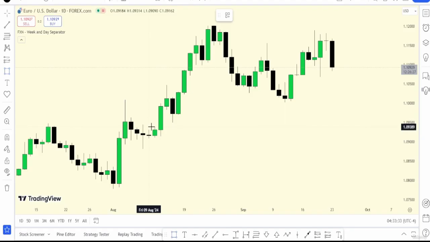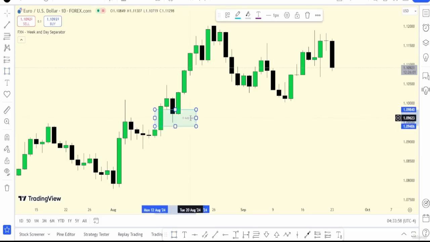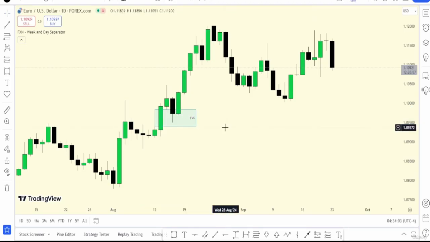For example, I'll have one which is here. You can see that there is a set of 3 candles, all in a bullish trend, and the first candle's wick, the highest high, and the last candle's wick, the lowest low. So that gap is the inefficiency, which is called the fair value gap. So here an example is this one, so I'll be naming it as fair value gap.